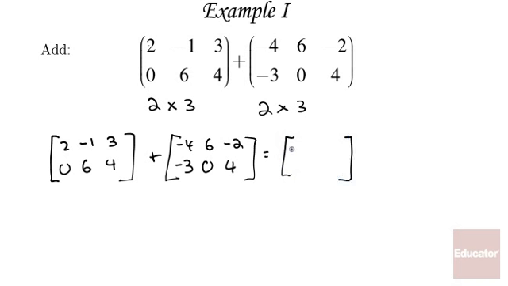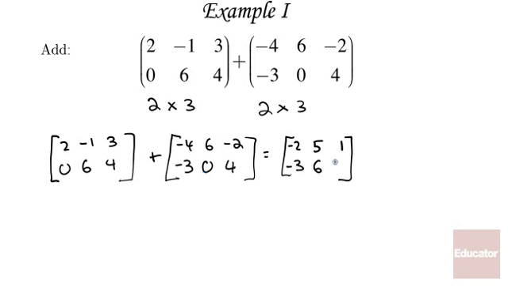So 2 plus -4 is going to give me -2. -1 plus 6 is going to give me 5. 3 plus -2 is going to give me 1. 0 and -3 is going to give me -3. 6 and 0, I'm going to get 6.